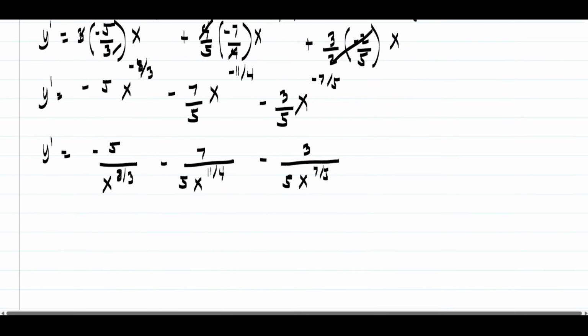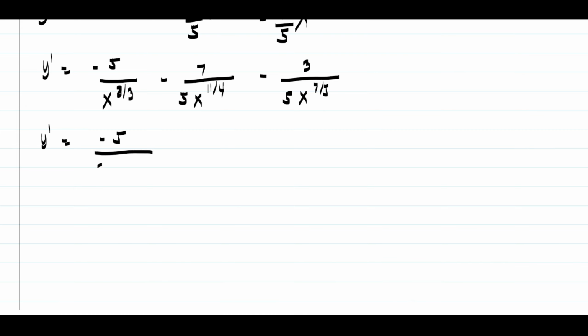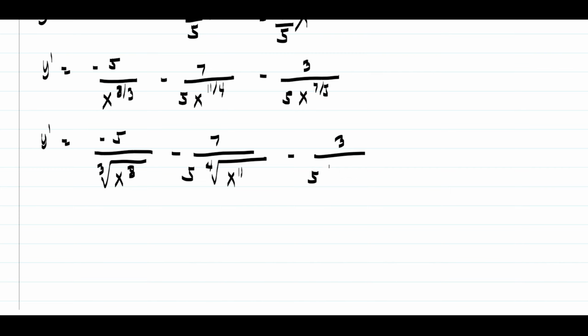So in order for us to simplify this one, let us write this one into radical form. So we have y prime equals negative 5 over cube root of x raised to 8 minus 7 over 5 fourth root of x raised to 11 minus 3 over 5 fifth root of x raised to 7.